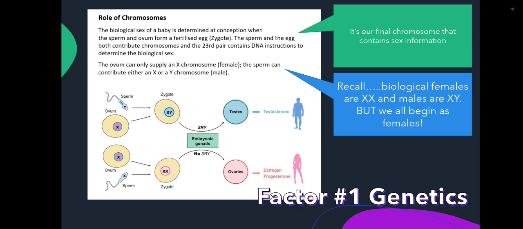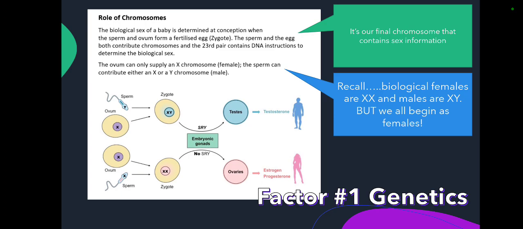What we need to know here is, what are we getting from our mothers and our fathers that then determines our biological sex? The ovum can only supply an X chromosome. The egg that you're getting from your mother can only supply an X chromosome. The sperm, however, can contribute either X or Y, and that's why we end up with different chromosomal structures for females and males.